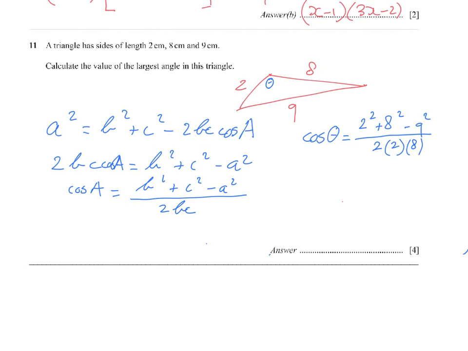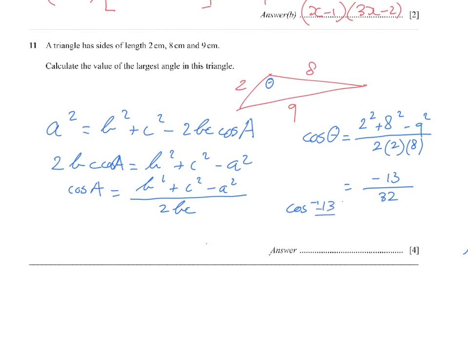So that will be 4 plus 64 minus 81. So that numerator is going to say minus 13. There we go. And in the denominator, it's going to say 2 times 2 is 4 times 8, 32. But then to find the actual angle, you have to do the inverse.